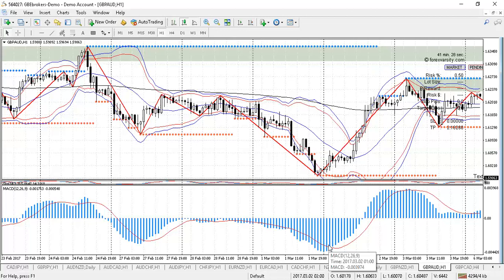We use the signal line as basically one of the signals that we can use to enter a trade. If you have a look at this signal line here, at the moment where my mouse is hovering, the signal line is actually within that histogram cloud.